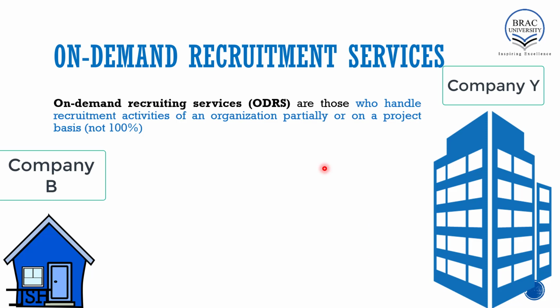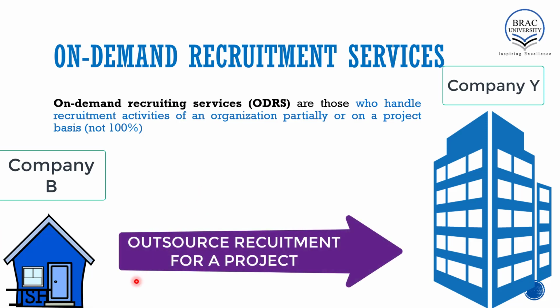So what is happening here? Rather than outsourcing all of the recruitment activities, company B is outsourcing the recruitment task of one specific single project only to company Y. Now this company is called an on-demand recruitment service provider. So again, one last time.